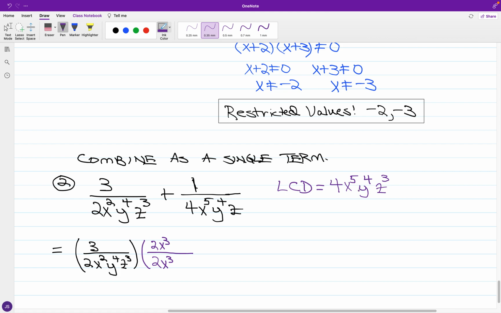We already have y to the 4th and z cubed present in the denominator of the first ratio.